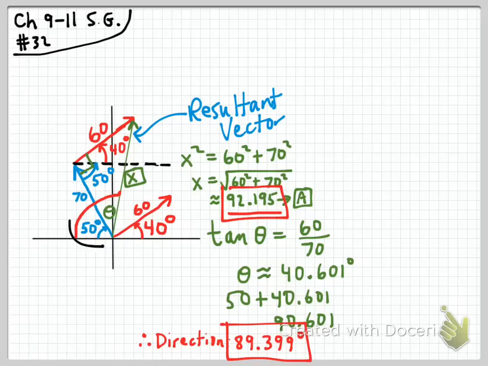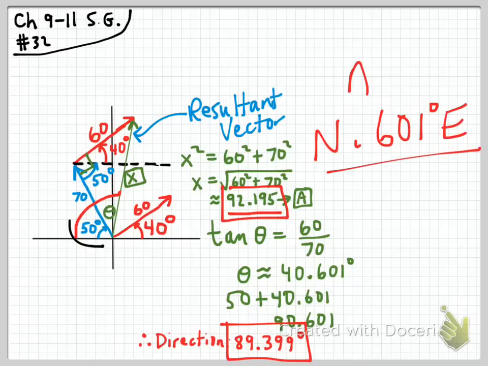Now you could have also said north 0.601 degrees east. That would have been okay too. All right, so there you go.